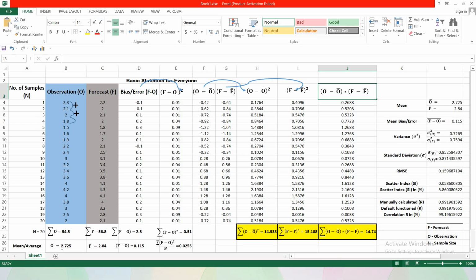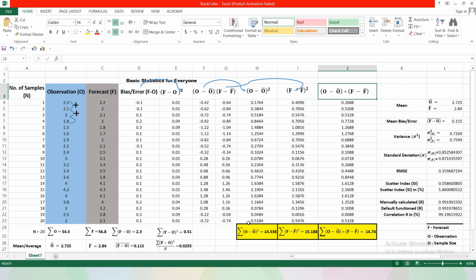Like this you will get the summations and corresponding averages for observation and forecast, and the difference between the observation and forecast, right? And also you will get the summation of the square difference between the observation and forecast, as well as the corresponding mean, right?